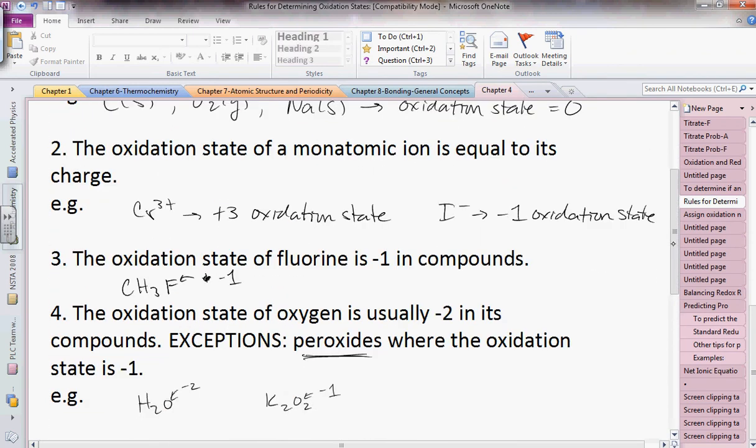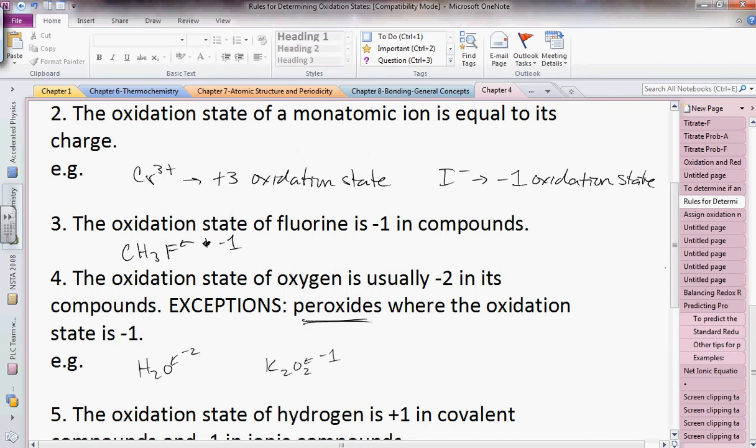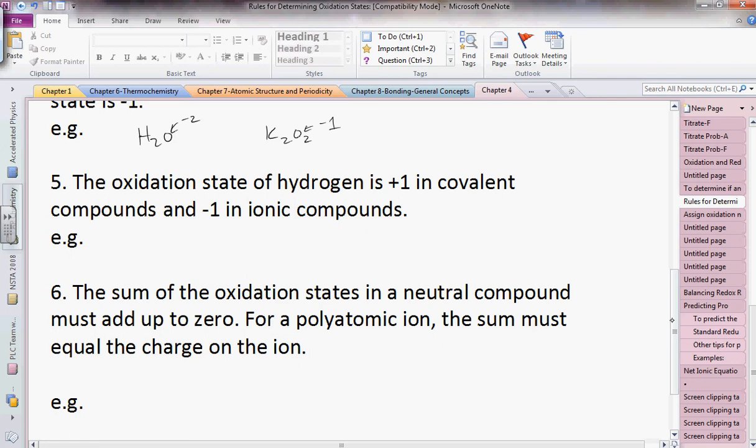The oxide ion is O2-, and in an ionic compound it will have a -2 oxidation state. For hydrogen, the oxidation state is +1 in covalent compounds and -1 in ionic compounds. So in hydrogen peroxide, the oxidation state of hydrogen is +1, and the oxidation state of oxygen, because it is in the peroxide form, is -1.